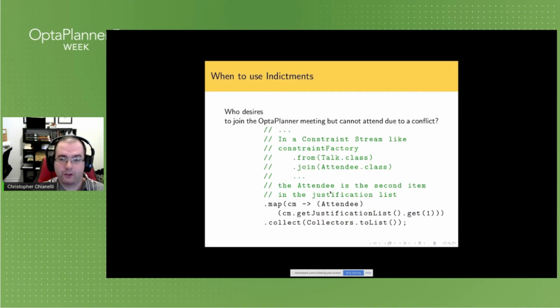And then we are actually going to look at a justification list. So in this case, our constraint looks like the constraint factory, for each, join attendee, and the constraint streams that we could talk about tomorrow. But this pretty much allows us to get what actually caused this constraint match to fire. In this case, we want the attendee, so we are going to get that. Then we are going to collect it into a list.